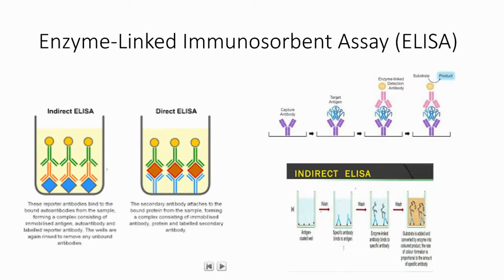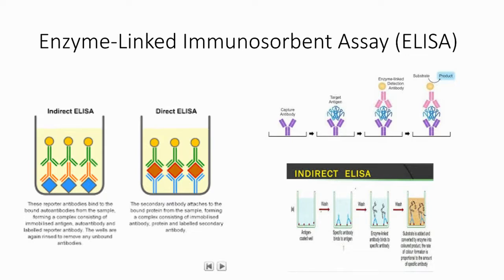Basically, let's say you take the clinical specimen. If you have the well coated with the recombinant antigen, or even the antigen that you purify from the pathogen, on the left side here, with the same clinical specimen, then that will detect the presence of antibody, so that will be indirect.